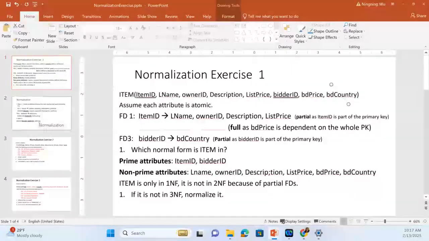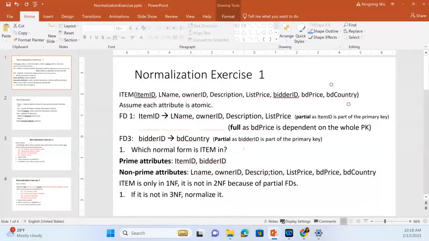So in this example, I show you that if the full functional dependency is not given in the question, then you just simply cross out the attributes that appear on the right-hand side of your partial functional dependency. Okay, questions?